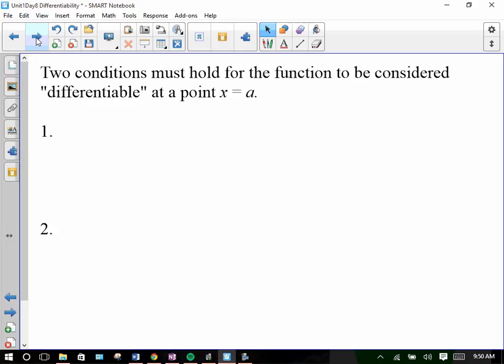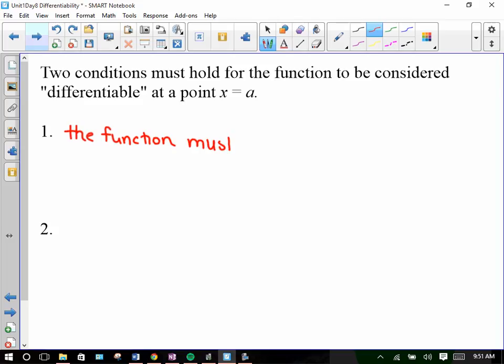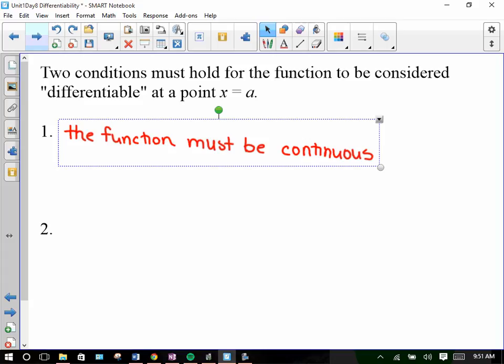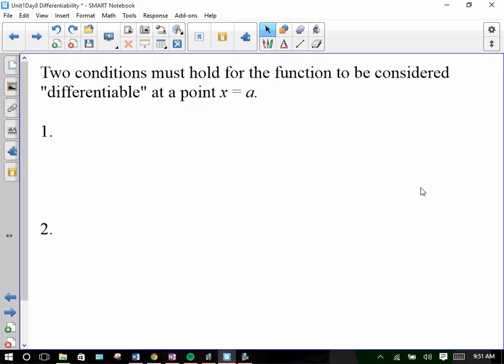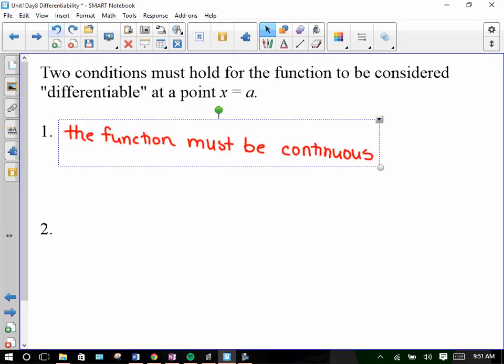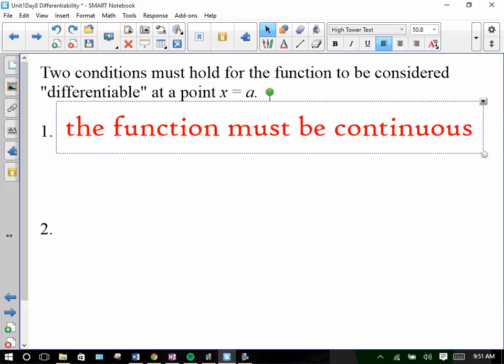The first condition is that the function must be continuous. So the function must be continuous.